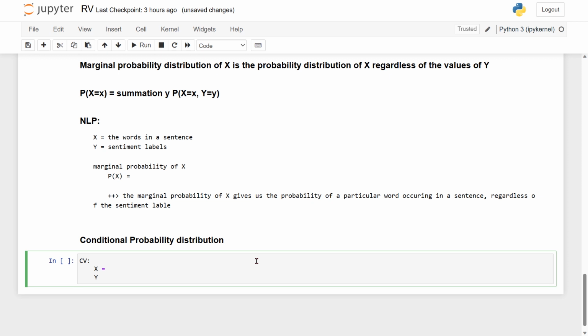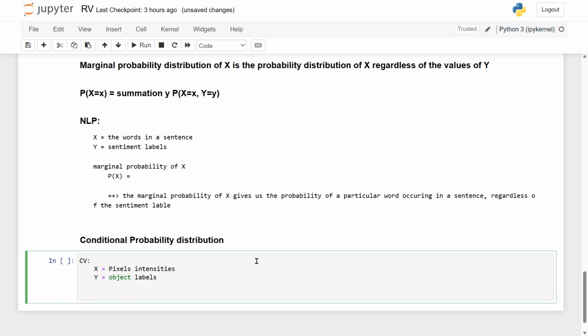Obviously there should be a joint probability first. Here, x represents the pixel intensities, and y represents the object labels.